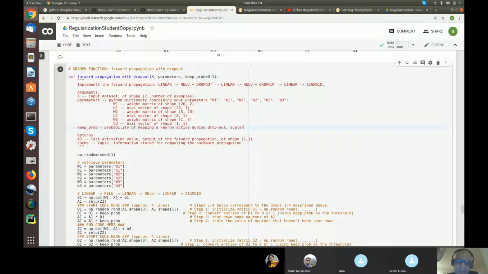Now, about 80% of those 138 million parameters came from just two layers that were densely connected to each other. Each neuron was connected to each neuron of the next layer. So just two layers accounted for 80% of all the parameters, all the weights. So one thing that you can do is, instead of assigning the same keep probability for the entire model, you can have different keep probabilities for different layers.